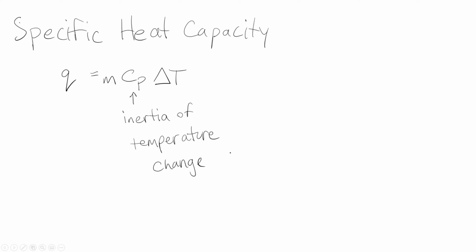If the specific heat capacity is really high, it's going to be really hard to change the temperature. If it's really low, it's going to be very easy to change the temperature. So what are some different problems that we can do with this equation?